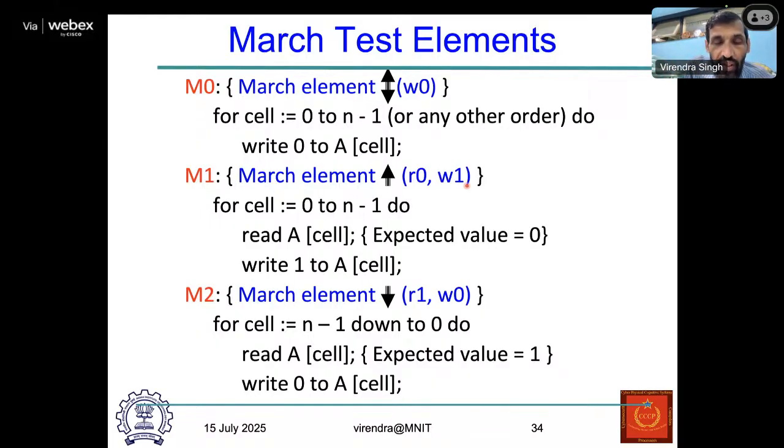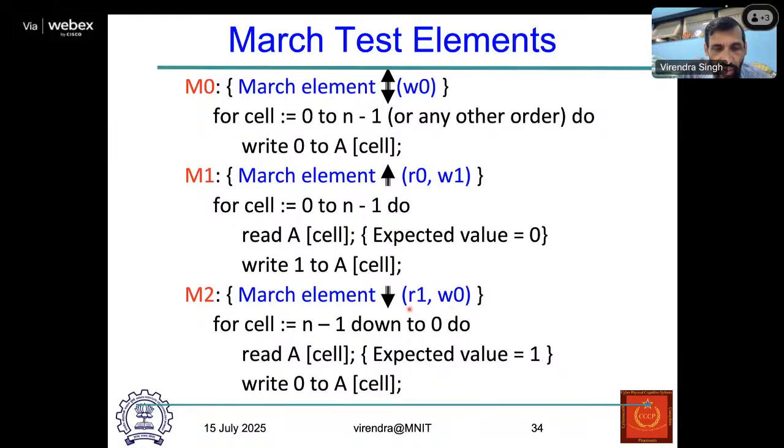Maybe I'll let you know why that order is important. Order is important sometimes. Let's say that here I will come in the reverse order and do the following. I will read this value 1, and first forget about this write 0.